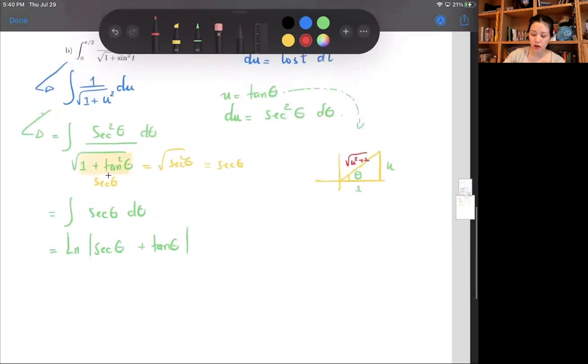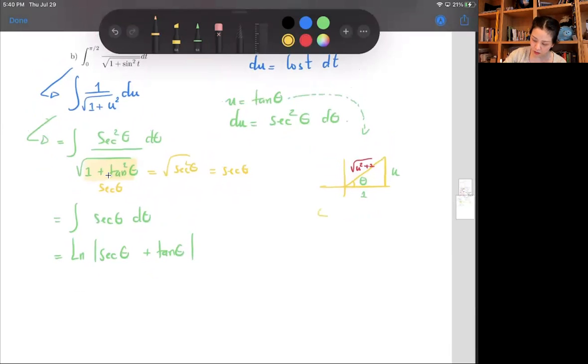Now we can solve for cosine theta, because I need secant. Cosine is adjacent over hypotenuse, so 1 over the square root of u squared plus 1. From cosine theta, I have secant theta, which is just flip it: the square root of u squared plus 1 over 1.